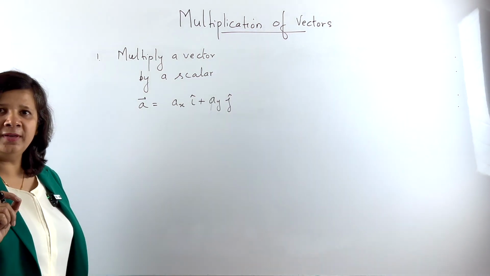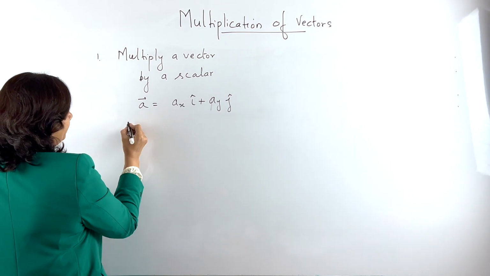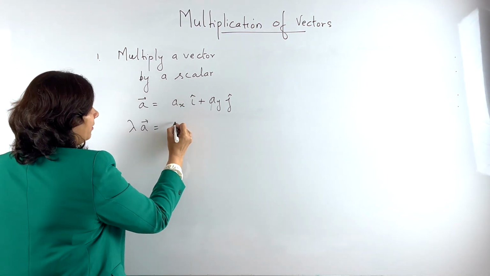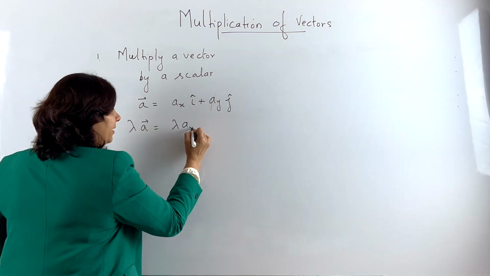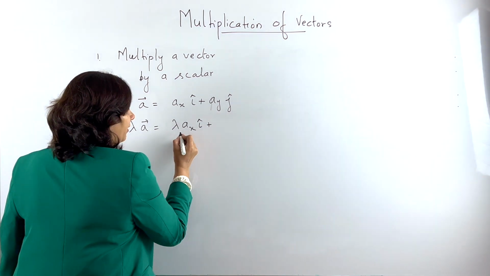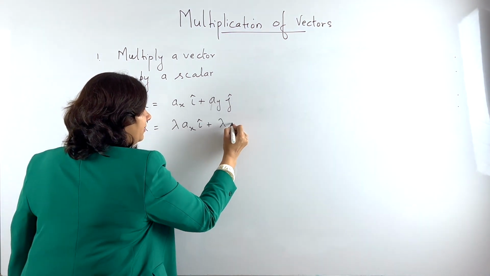Okay. So I will multiply now this vector by a scalar lambda. Then what is the meaning of this? This lambda is also a number. So it will get multiplied with ax and ay.